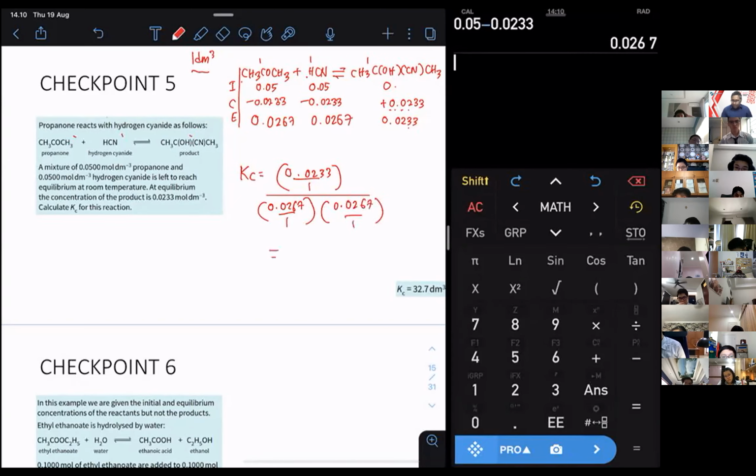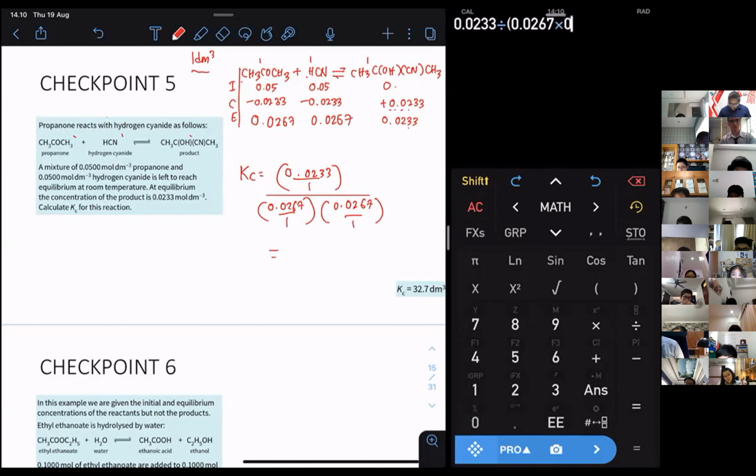If you calculate, it's going to be 0.0233 divided by, if I put a bracket, 0.0267 times 0.0267.